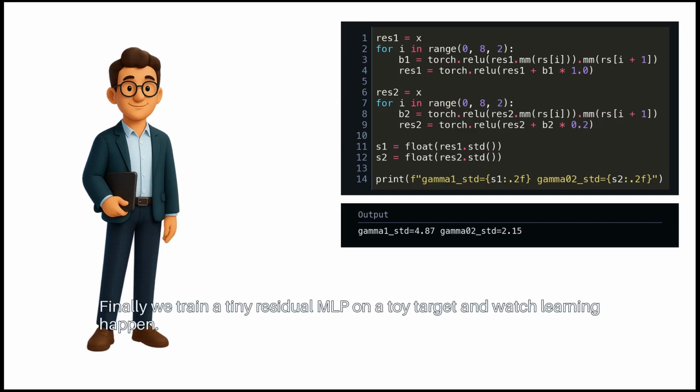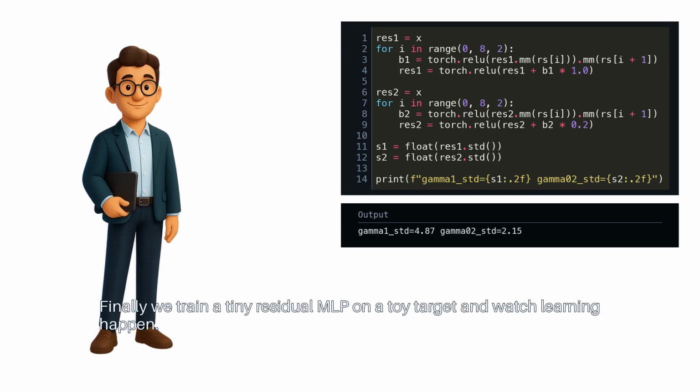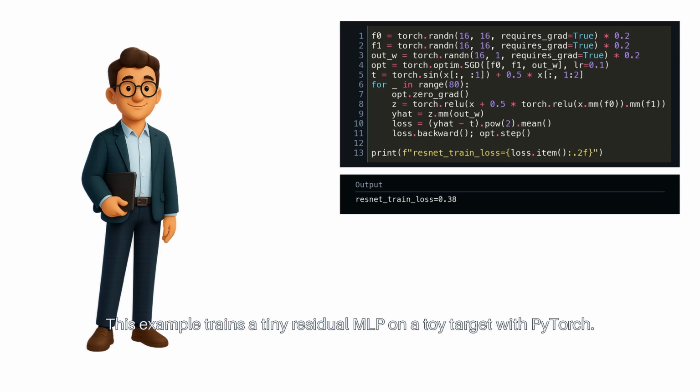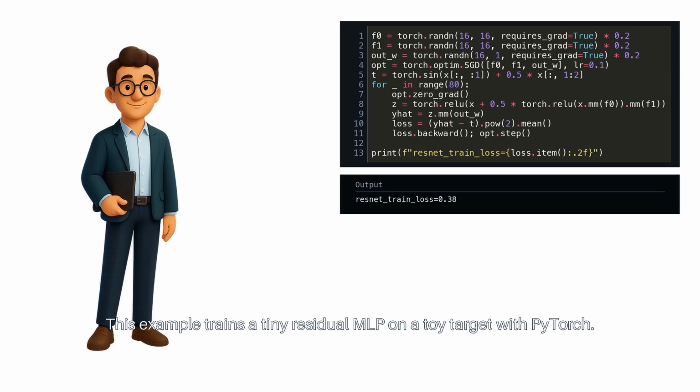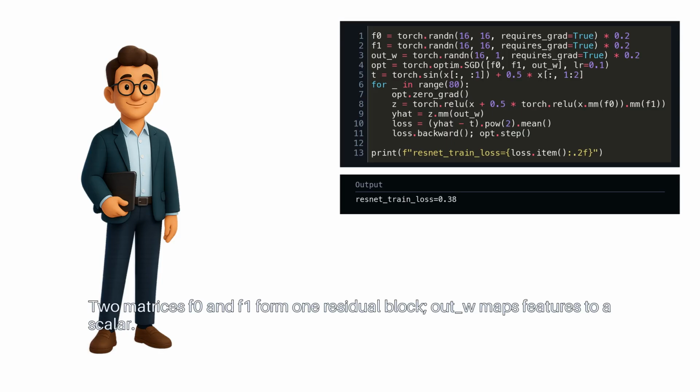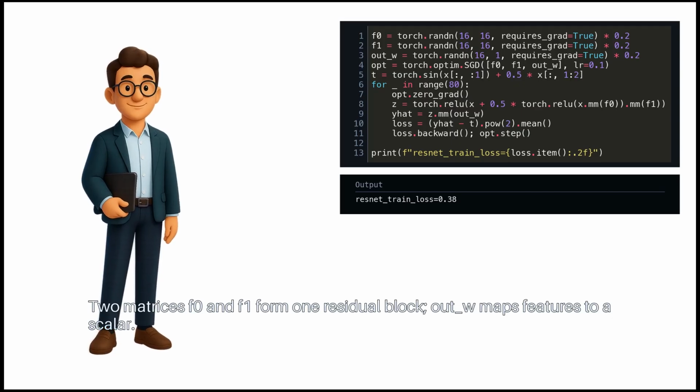Finally, we train a tiny residual MLP on a toy target and watch learning happen. This example trains a tiny residual MLP on a toy target with PyTorch. Two matrices, F0 and F1, form one residual block. Out W maps features to a scalar.